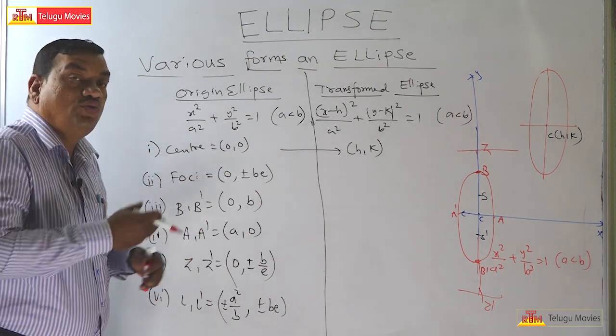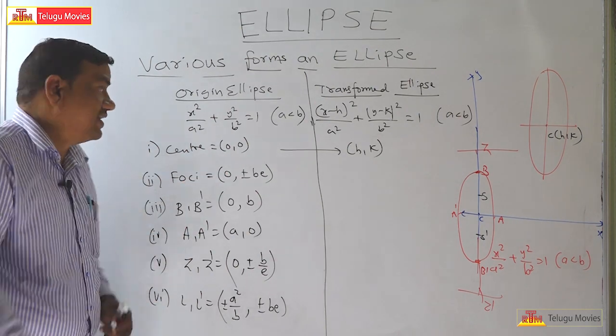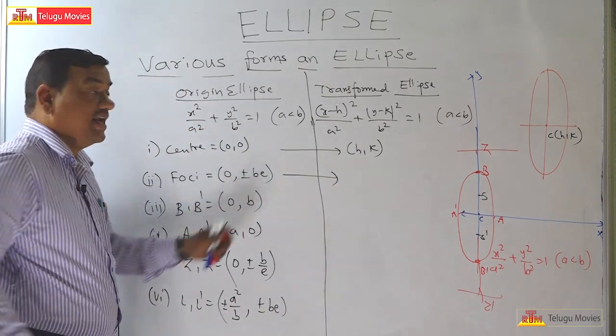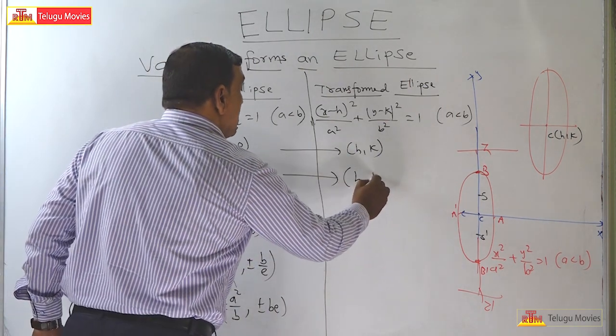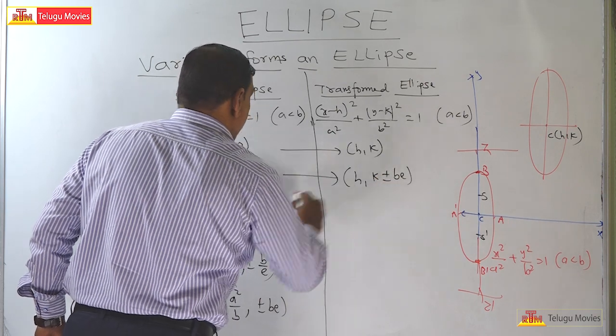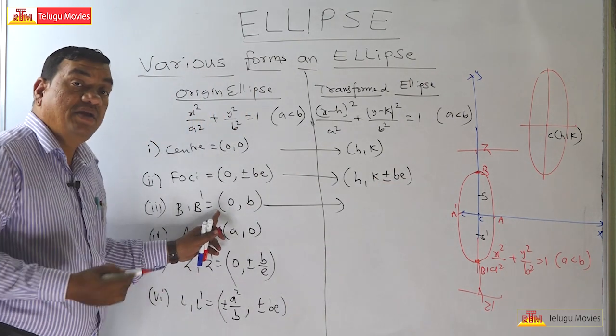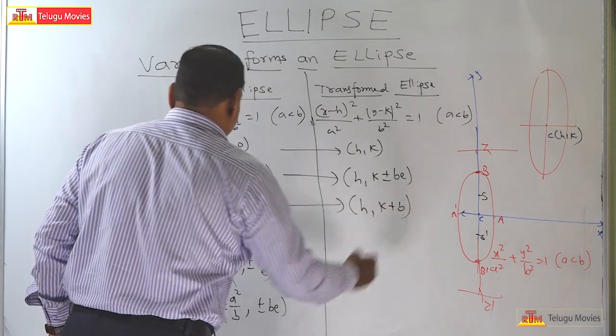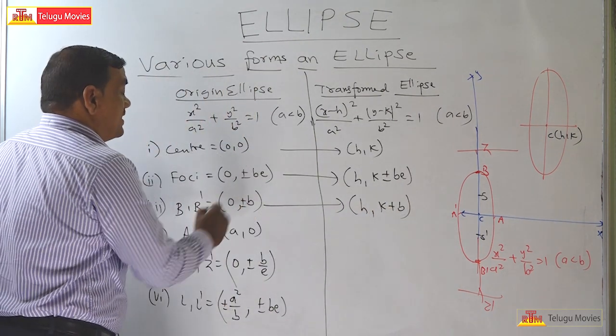Increment: for x you add h, for y you add k. The foci will be (h, k plus or minus b), that means B and B dash are (h, k plus or minus b).